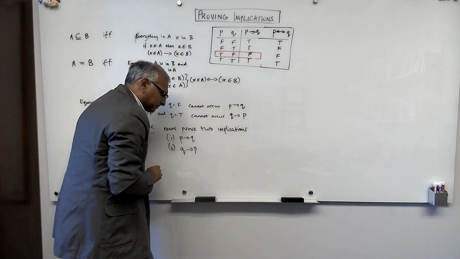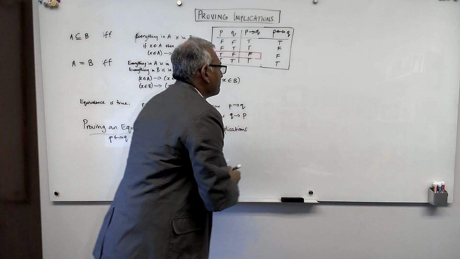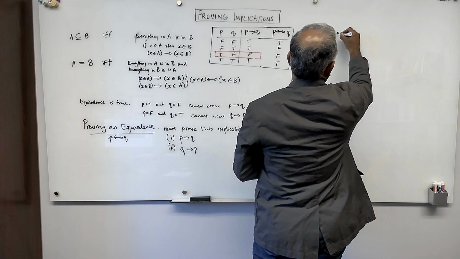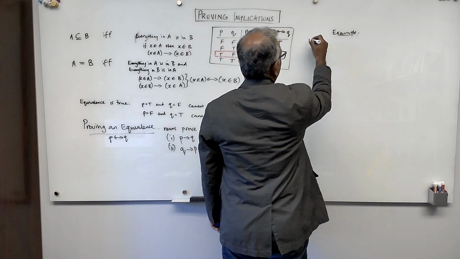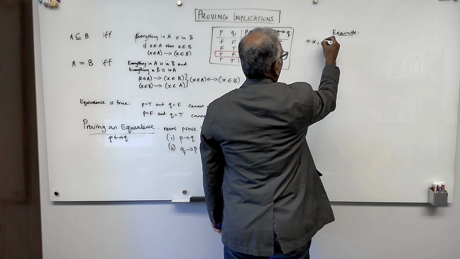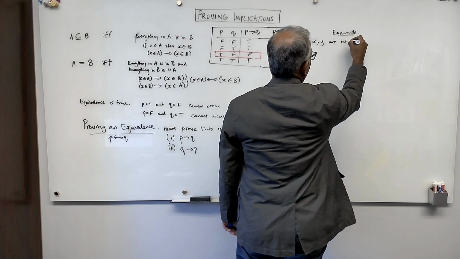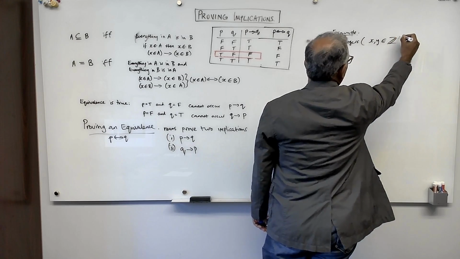So let's do an example. Let's consider two integers, x and y. So x and y are integers. You could say x and y belong to the set of integers.